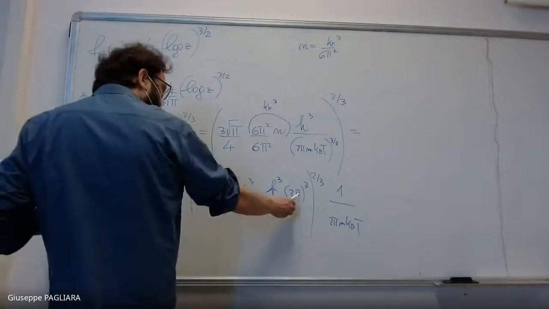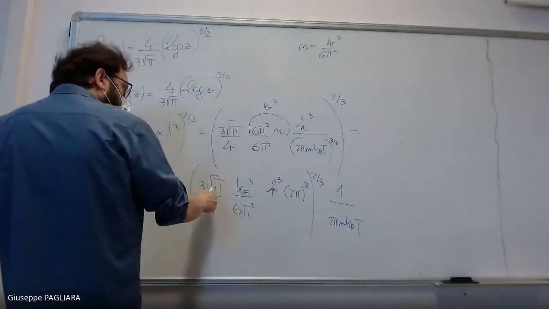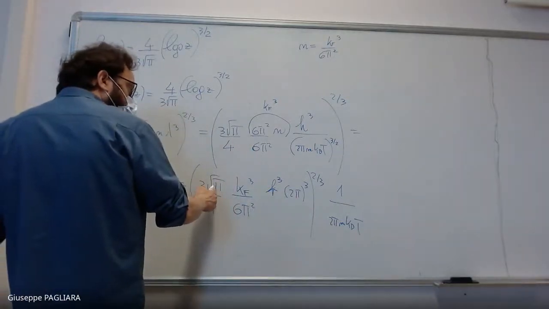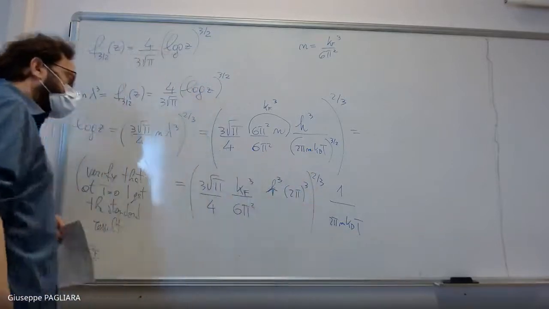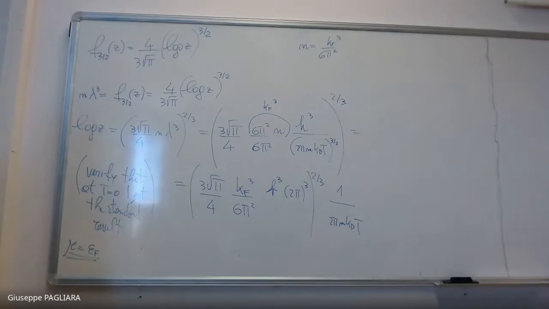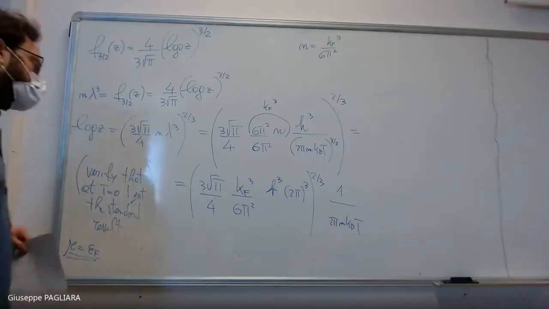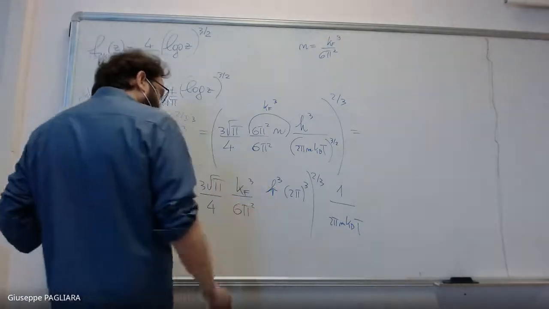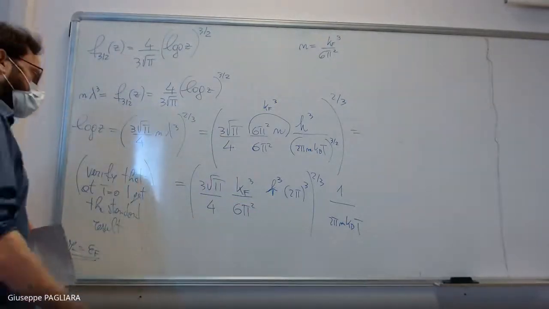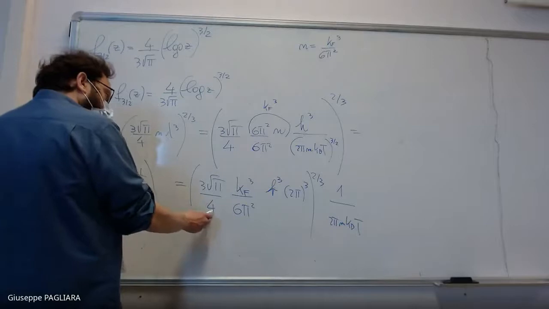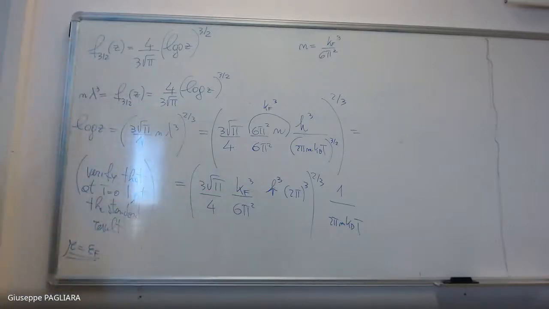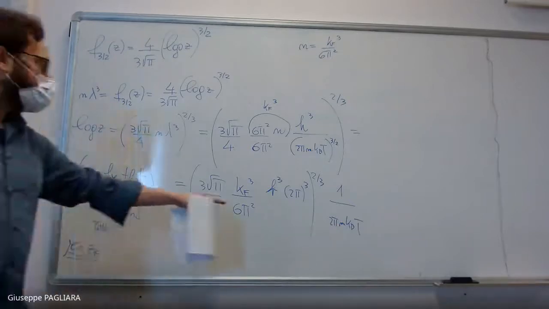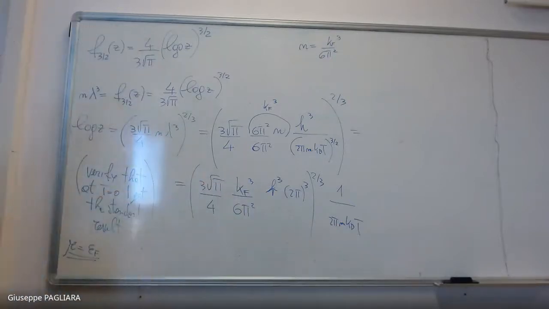I have a pi from here, pi to the power of 3 half, then to the power of 2/3 becomes a pi that cancels with this pi. And then let me check also how many 2 I have. Here I have 24, and here I have 24, no? Because it's 8 times 3, and so this cancels.